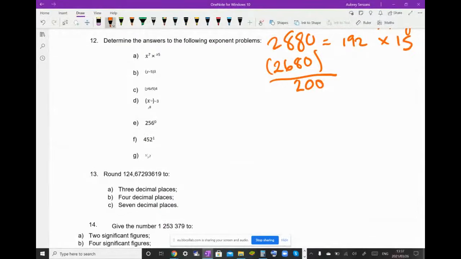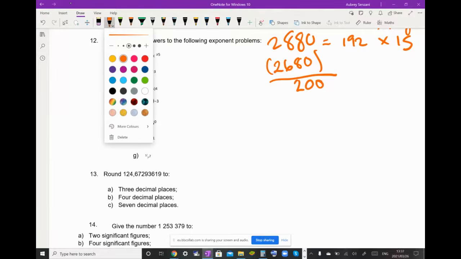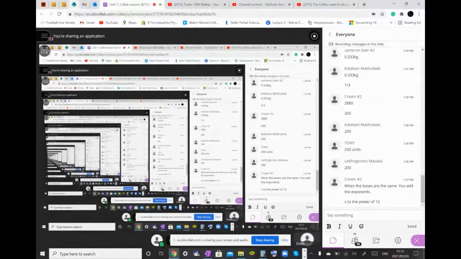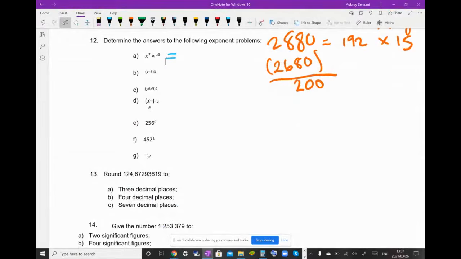So what's our answer over here? Let me change my color again. What do we have over here? Somebody has posted something in the chat. We have 12. Yes, so it's going to be x to the power 12. Okay, what about here?